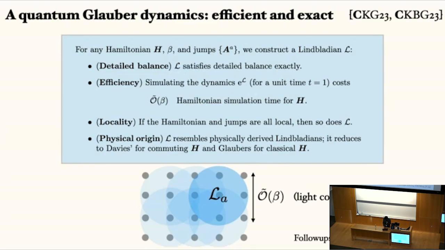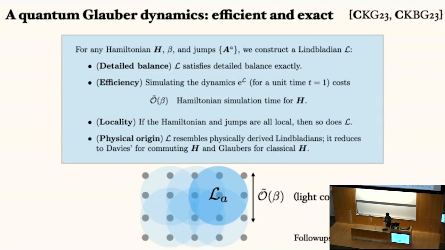If the Hamiltonian and jumps are local, say on a 2D lattice, then so is the Lindbladian. So the Lindbladian is going to be a local dissipator. You can draw these light cones around each site, and the radius is going to be roughly beta.